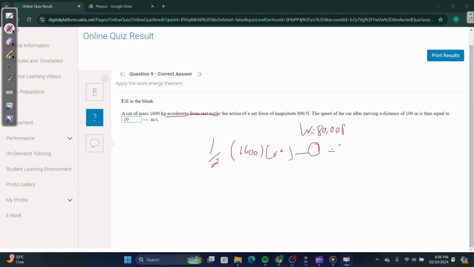Minus 0 equals 80,000. So 800, because half of 1600, 800 v squared equals 80,000.